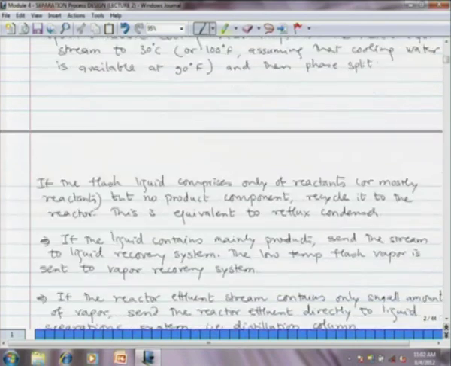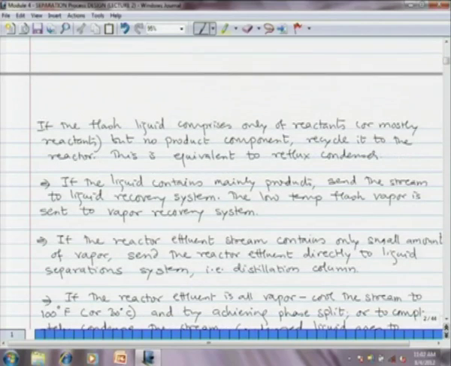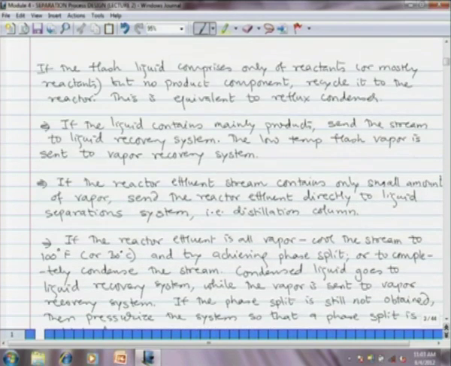If the flash liquid comprises only of the reactants or mostly reactants, but no product component, meaning our product is mainly in gaseous phase or vapor phase, then that stream can be directly recycled to the reactor. This is equivalent to a reflux condenser. If the liquid contains mainly products, then we have to send the stream to liquid recovery system.